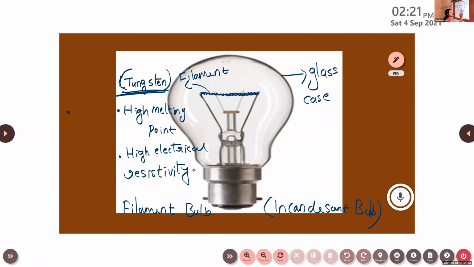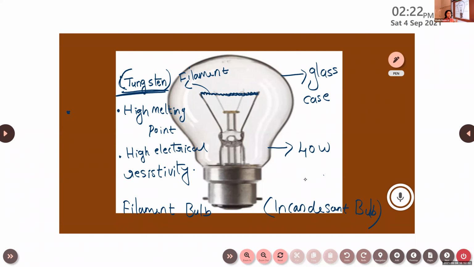Suppose this incandescent bulb is capable of holding 40 watt, but in case of overloading or short circuiting, what happens? Suppose a 60 watt current passes through this electric bulb. What happens? The filament breaks. That is what actually happens and damages the incandescent bulb.